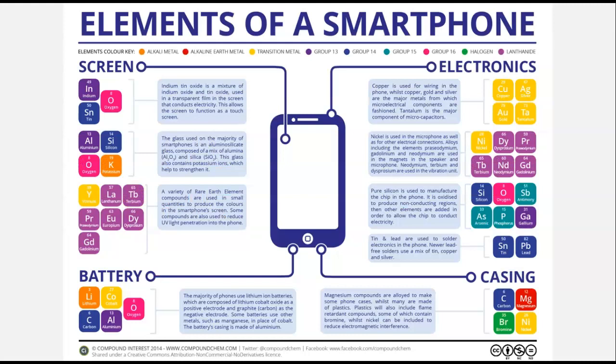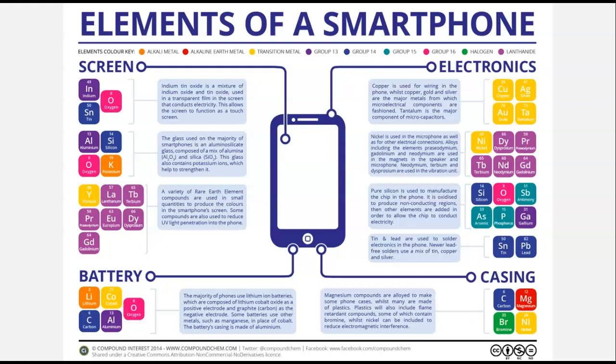For example, here are the elements of a smartphone. Just in the screen, there's indium, oxygen, tin, aluminum, silicon, oxygen, potassium, right? Tons more. In the electronics, there's others like copper and silver and gold and tantalum and nickel and all of these words. Silicon again, oxygen.